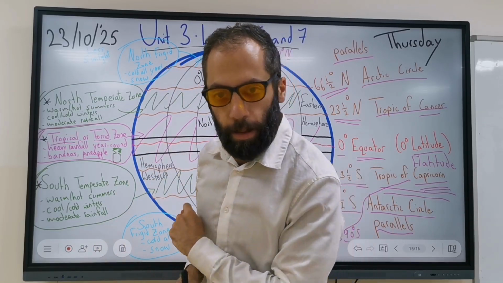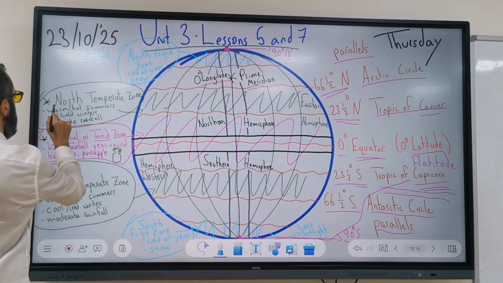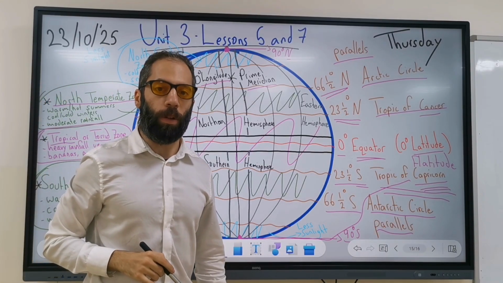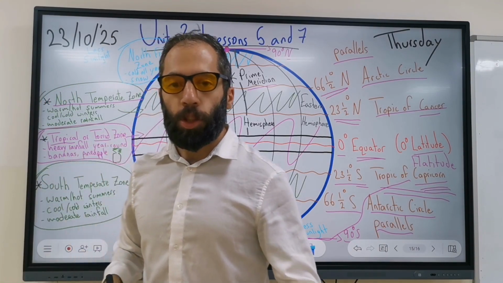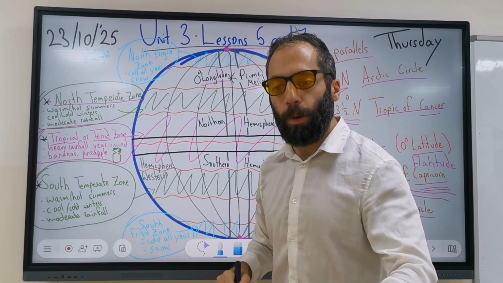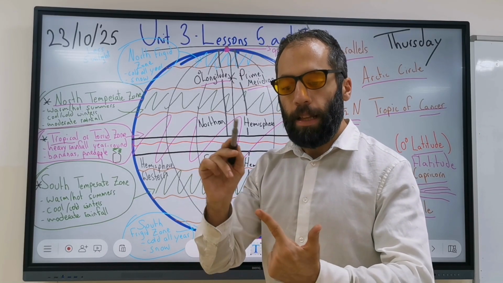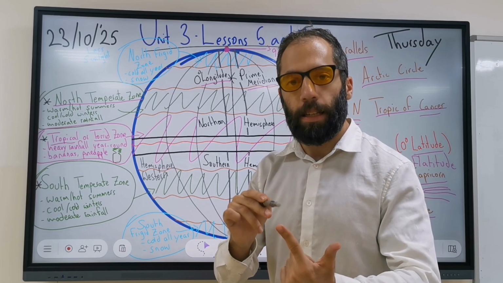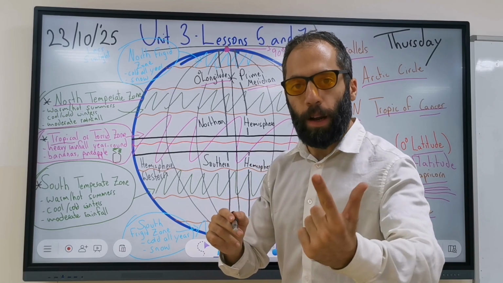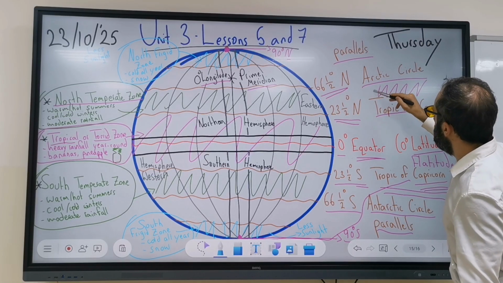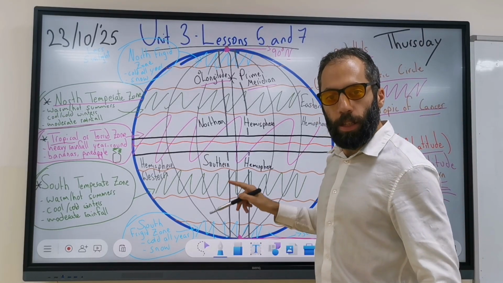And it has a name. North Temperate Zone. So the North Temperate Zone is found between 23.5 degrees north, Tropic of Cancer, and 66.5 degrees north, the Arctic Circle. So it's found between these two lines.